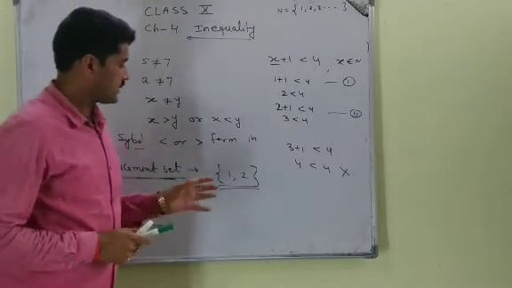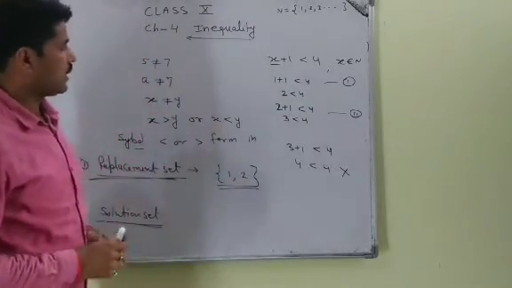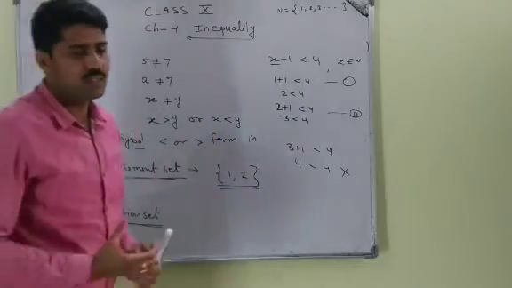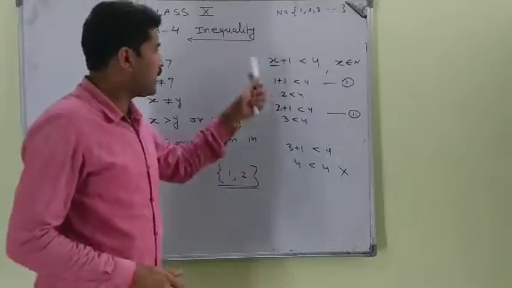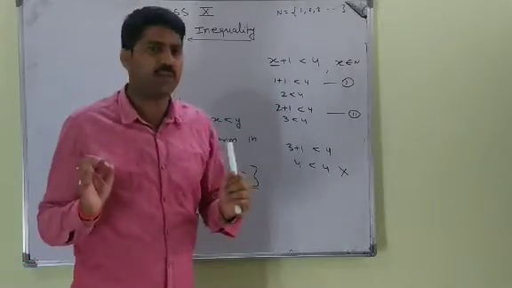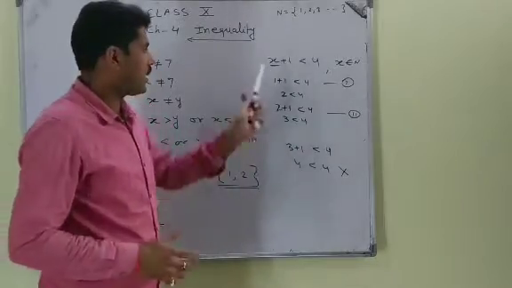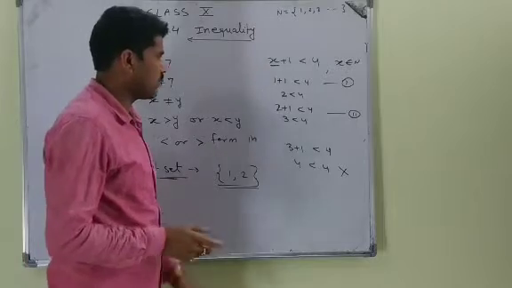Now I am talking about what the solution set is. Solution set means solution of the inequality. When we solve the inequality, what does solve mean? Solve means we have to find the variable used in the given inequality. Variable may be any, like x, y, z, a, b, c, d, any alphabet can be used by the mathematician.